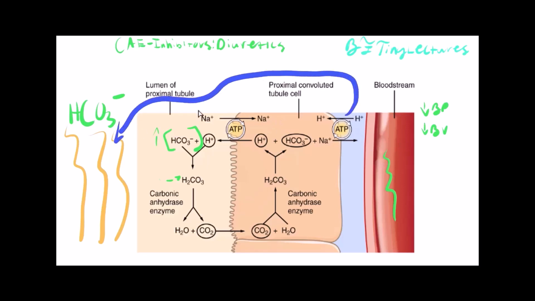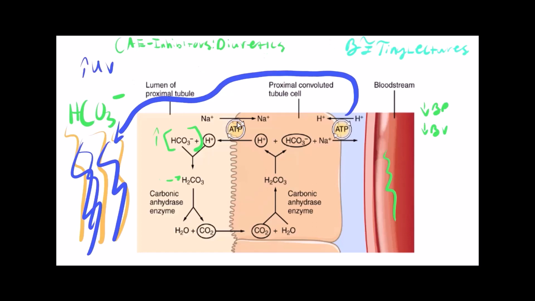So all the water is going to be pulled into the filtrate. So that increases the amount of water in the filtrate, and that increases the urine volume, which leads to a lot of water being lost in the urine. So that makes us urinate more.